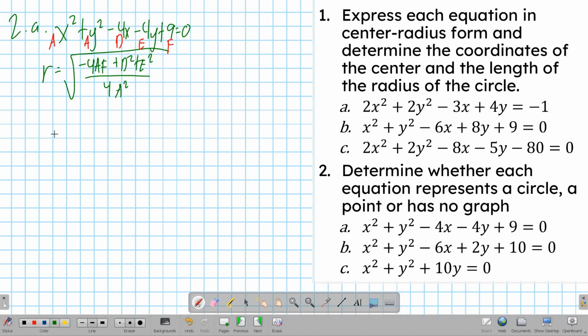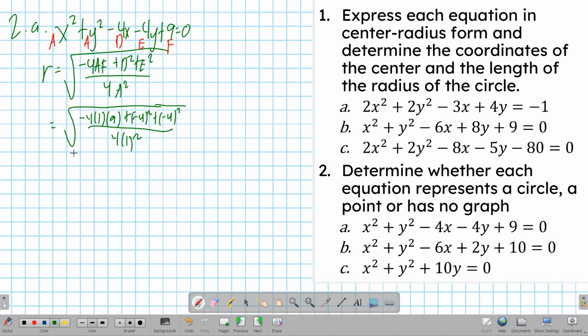So therefore, the length of the radius of this equation would be the square root of (negative 4 times 1 times 9 plus negative 4 squared plus negative 4 squared) all over 4 times 1 squared.